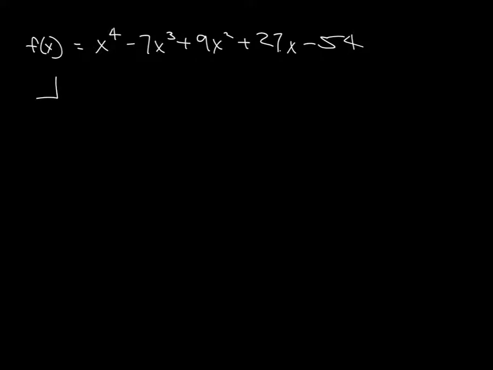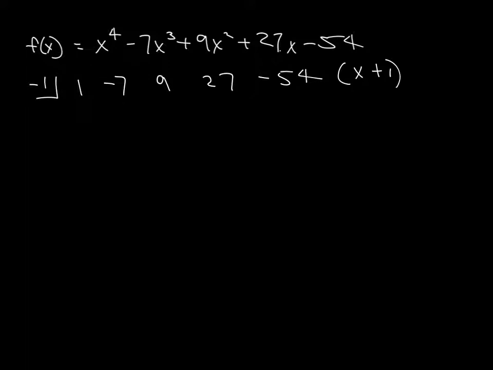So for instance, let's try x plus 1, so we're going to put a negative 1 in there. And we have a 1, a negative 7, a 9, a 27, and a negative 54.